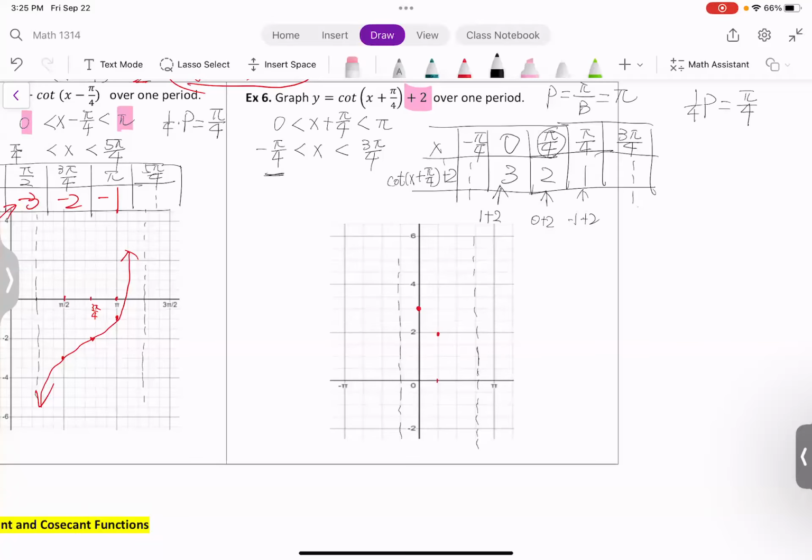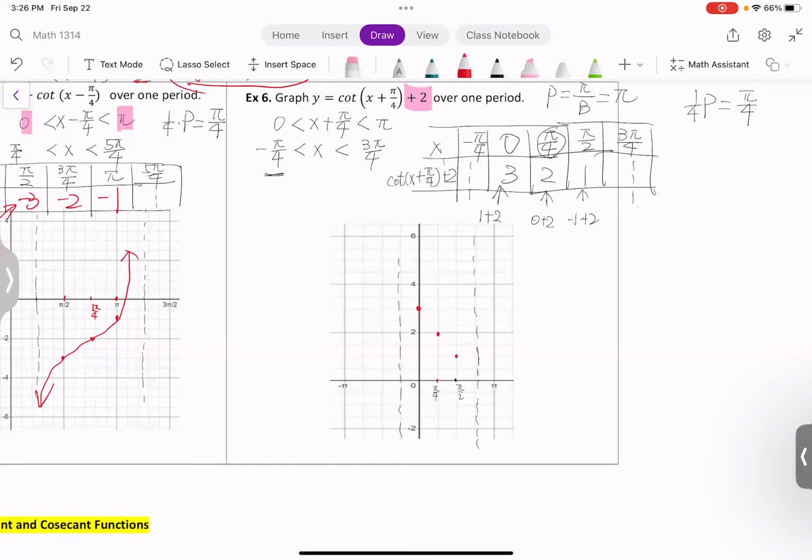I should have pi over 2, because adding pi over 4 to the pi over 4, I'm having pi over 2. So the third key point is here, pi over 2. This is pi over 4. Okay, let's move on to see what is the y's value for the x equals pi over 2. 1. Let's use this one.